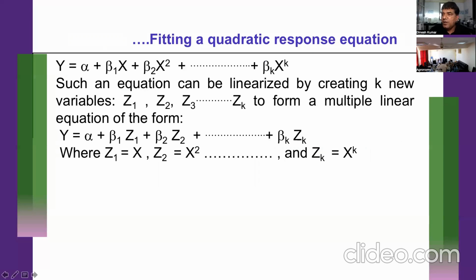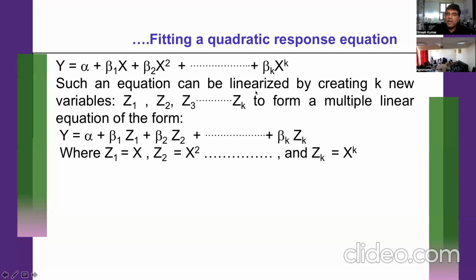I do not understand the theory behind it, but you see, the equation was like this. Y is equal to A plus B. Here you can put it for population. Y is equal to alpha plus beta 1 x plus beta 2 x square. So here you see the powers are 1, 2, 3, 4, 5, 6, 7 like this.